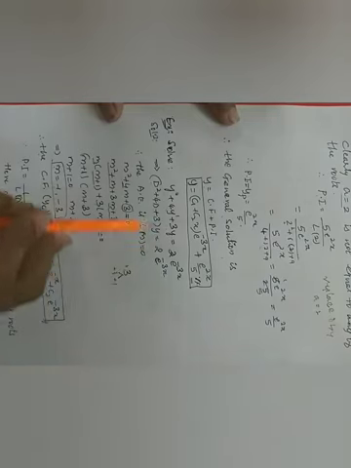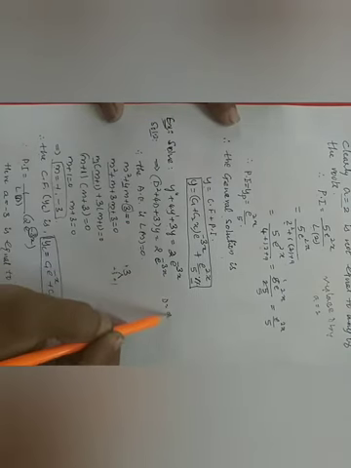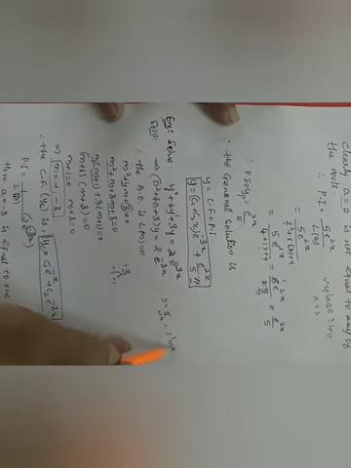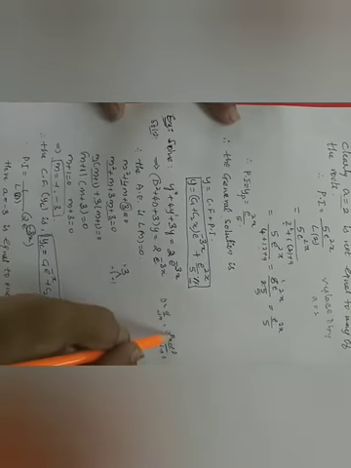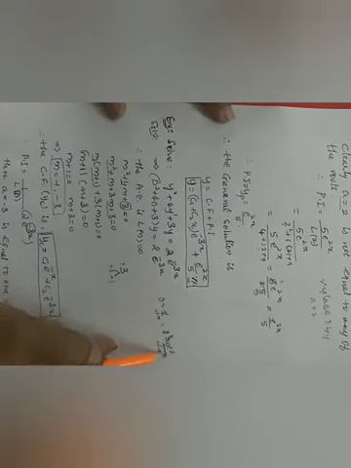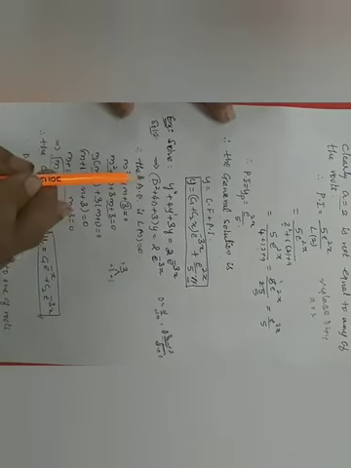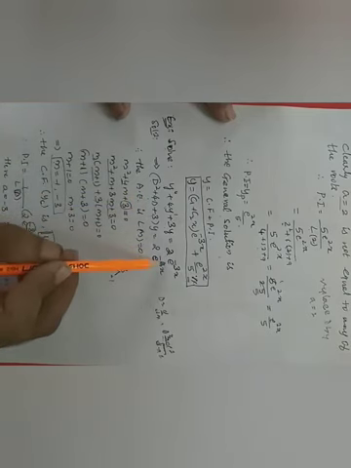So after putting d by dx equal to D and d square by dx square equal to D square, after simplification you will get (D square plus 4D plus 3) of y is equal to 2 into e to the power minus 3x.